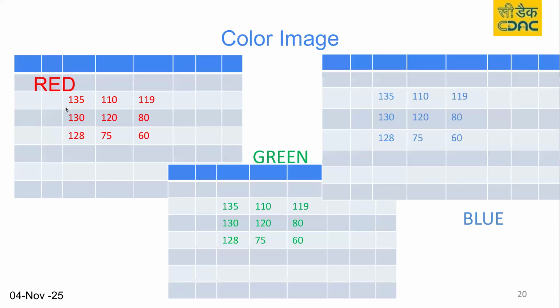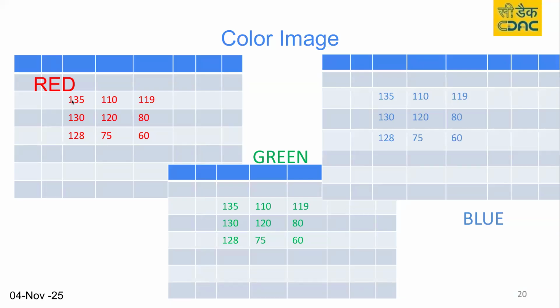Whereas for the color image, we will have three matrices: red matrix, green matrix, and blue matrix. And the combination of these three matrix values will form your color image.